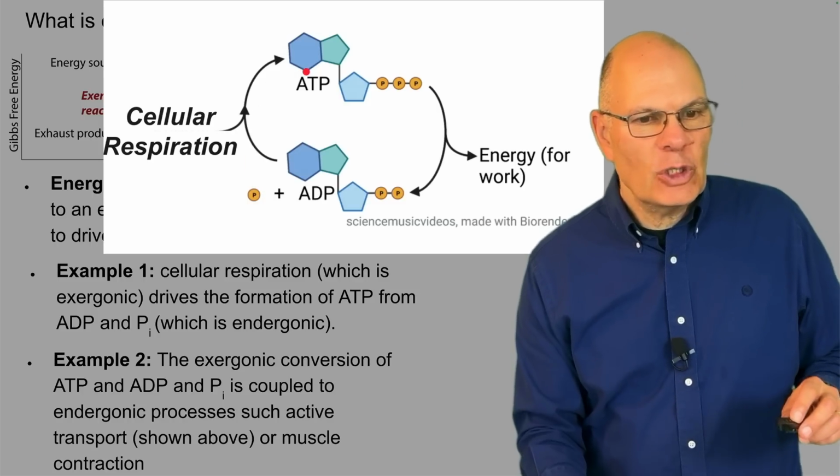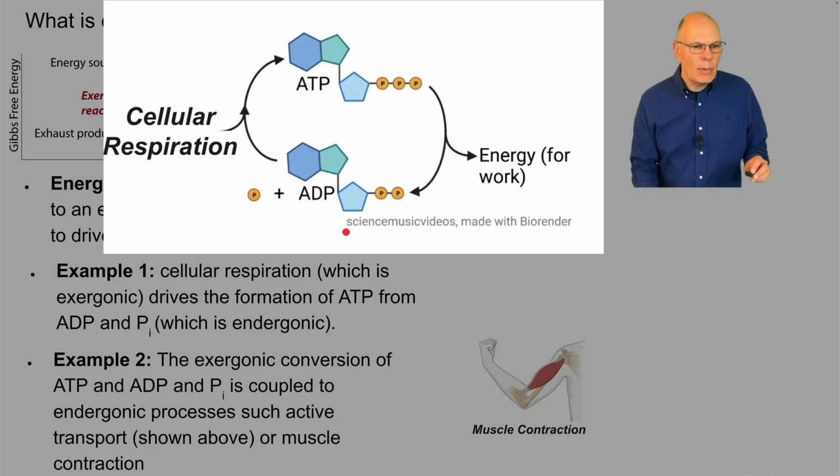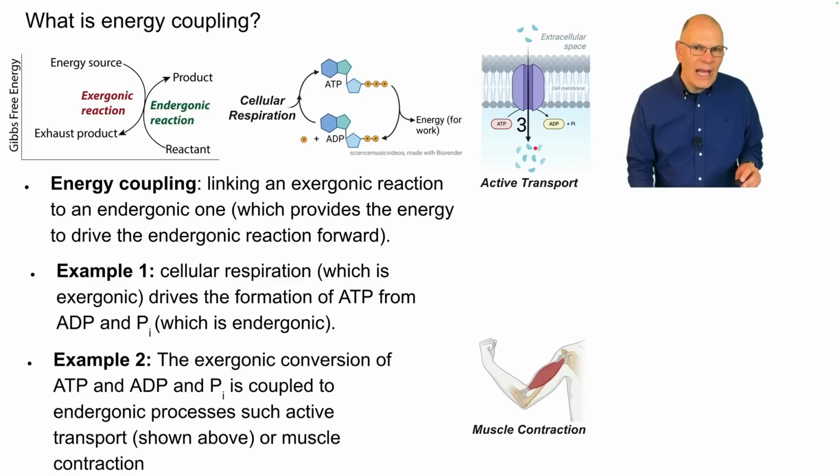And example number 2 is the exergonic conversion of ATP to ADP and P is coupled to endergonic processes such as active transport. We discussed that in our Unit 2 review video. That takes energy. So ATP to ADP and phosphate makes this endergonic reaction possible. Or muscle contraction, also an endergonic reaction. It's made possible by the breakdown of ATP to ADP and phosphate.